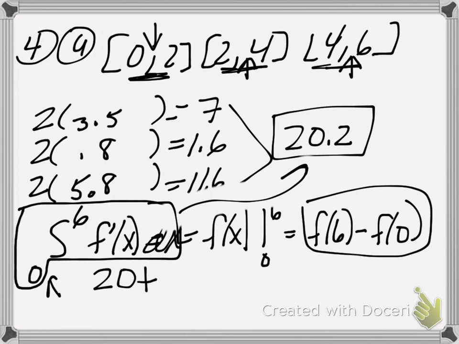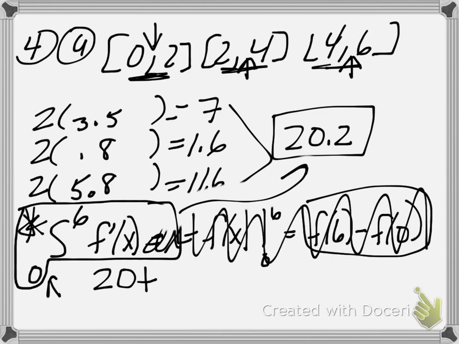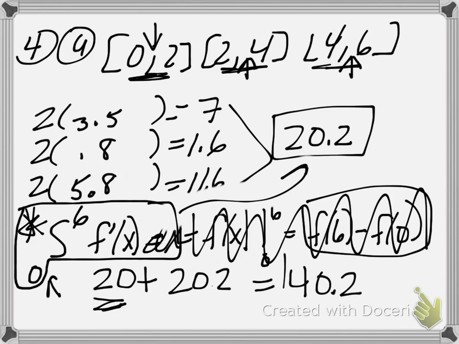And we got 20.2, so we didn't even need this. 20.2 is just an estimate. So 20 is where we started, 20.2 is our estimate, and that gives us 40.2. And that gives you 1 point.